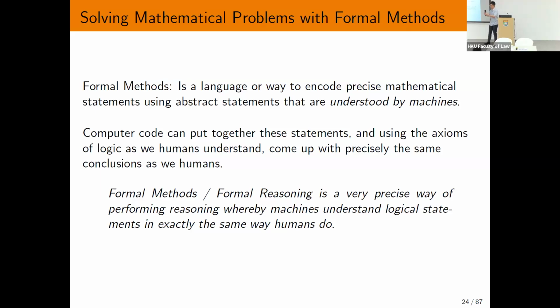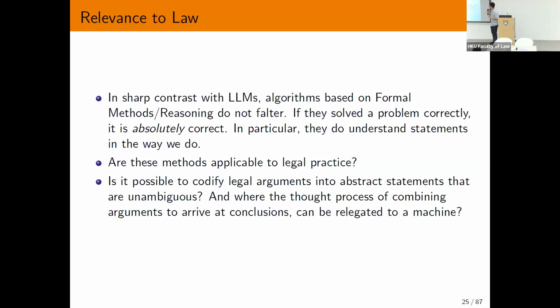So if they make a certain conclusion, it is exactly as we humans would understand. Let me give an example in a short while. In sharp contrast to LLMs, algorithms based on formal methods do not falter, they do not get it wrong. If you solve it correctly, it is absolutely correct.